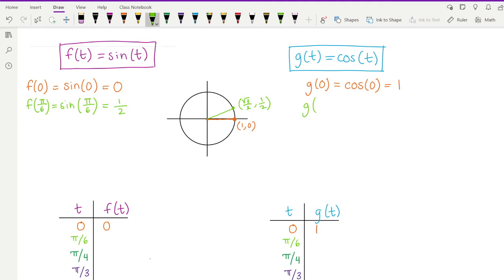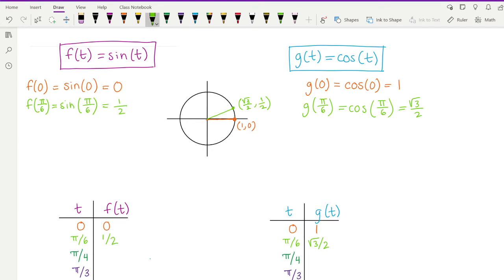Whereas g of pi over 6, that would mean cosine of pi over 6, is equal to square root of 3 over 2, the x coordinate from the unit circle. And so we have two more points to add to our table: 1/2 for f of pi over 6, and square root of 3 over 2 for g of pi over 6.